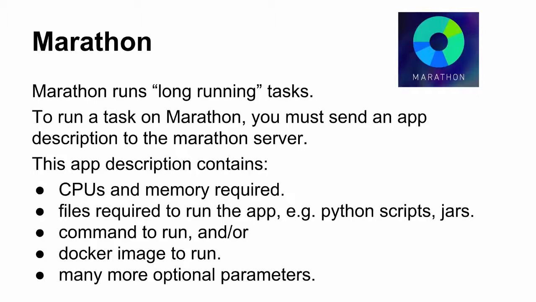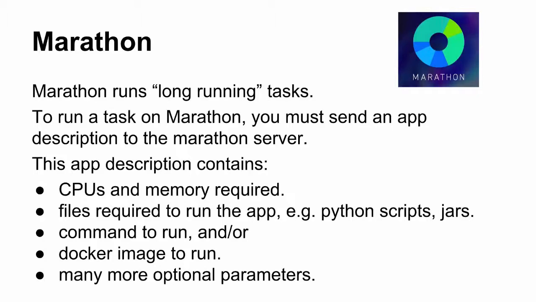So Marathon, I already briefly touched on this. It runs long-running tasks. To run a task or an application on Marathon, you must send an app description to the Marathon server. This description contains the CPU and memory requirements of your application, and any additional files that you may need to run the application.